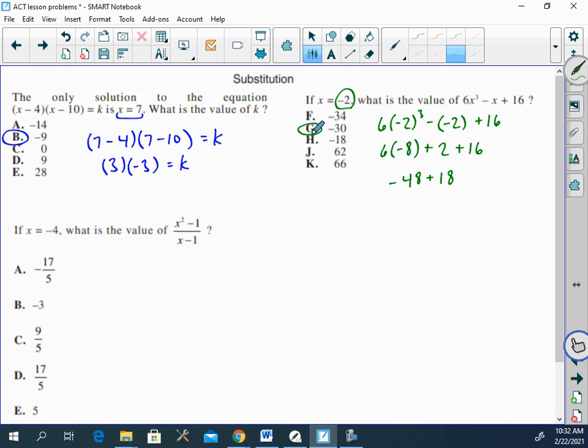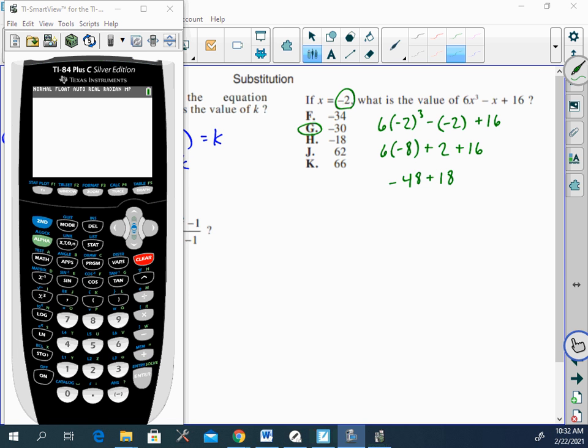Now I'm going to grab my calculator. If you guys have a graphing calculator, grab it. And I'm just going to type in this very top line. Okay, I'm not going to try to do any of the math on my own. So if you're in that boat, that's 100% fine. We start with 6. Then you put a parenthesis where you're putting the x, and negative is down here. You don't want to use the minus. You're using a negative 2.